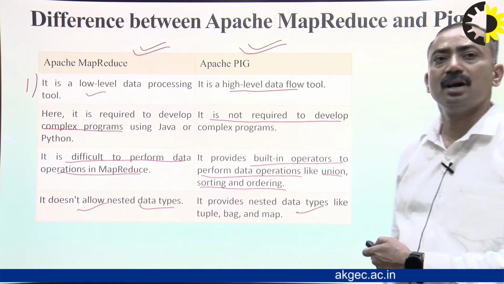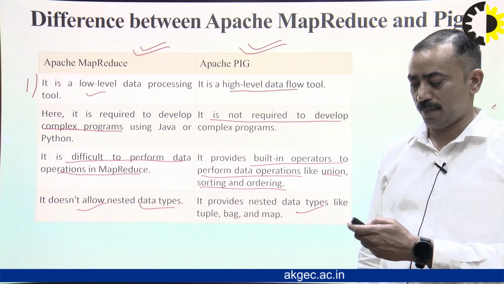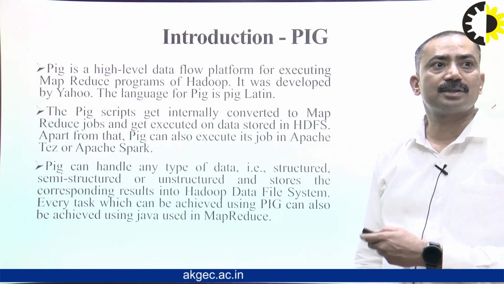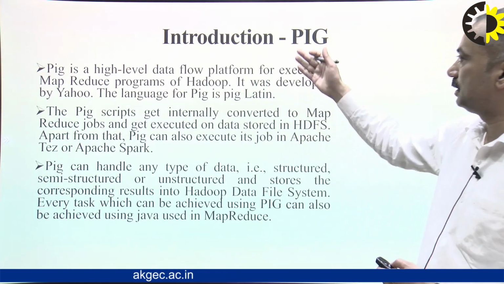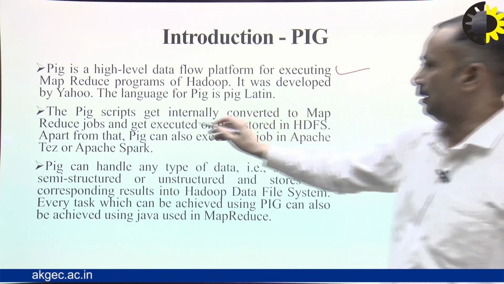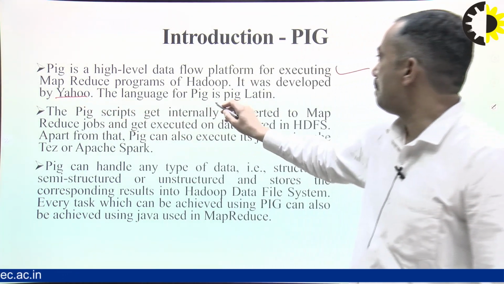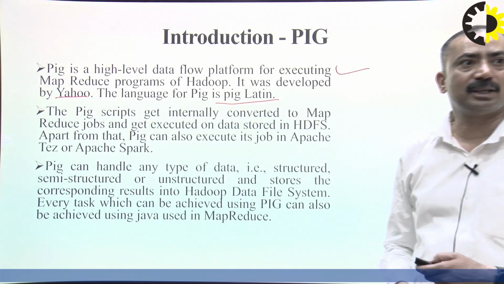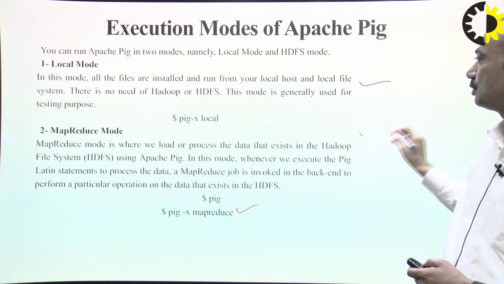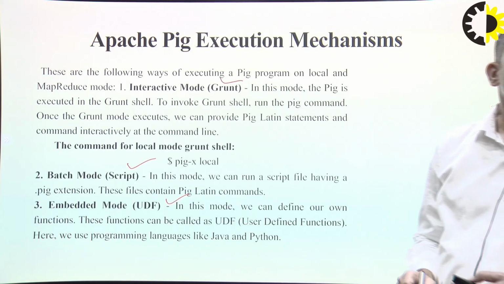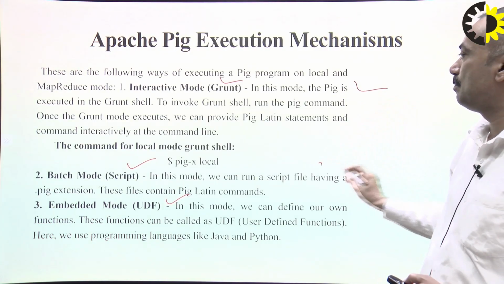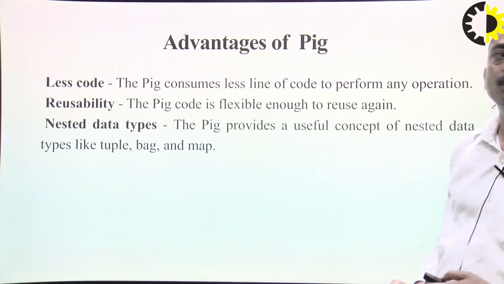So in the last 1 minute, we will conclude whatever we have covered from the start. So what is Pig? A high-level language by Yahoo. The scripting language is Pig script. Then we have 2 modes, local mode and MapReduce mode. We have execution mechanisms: interactive mode, batch mode, embedded mode.